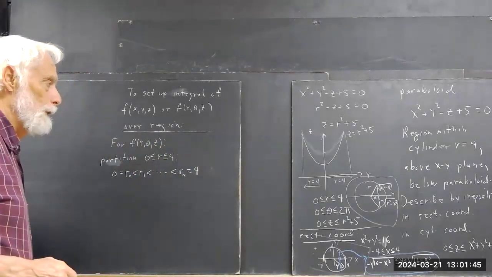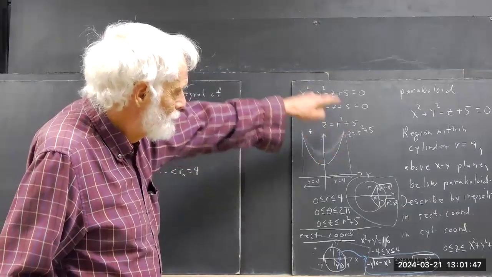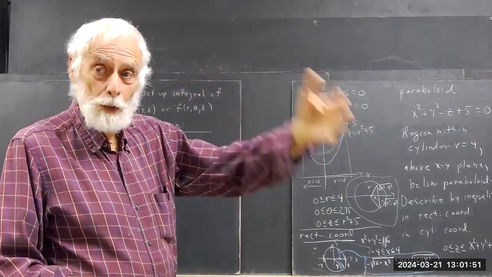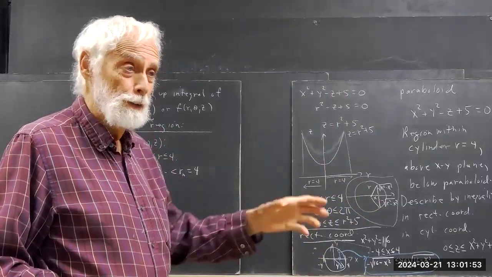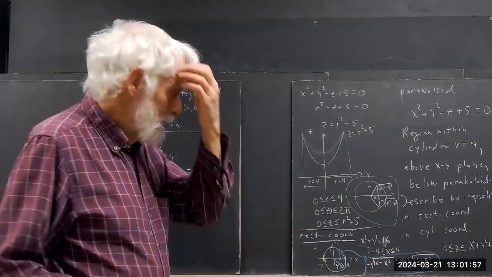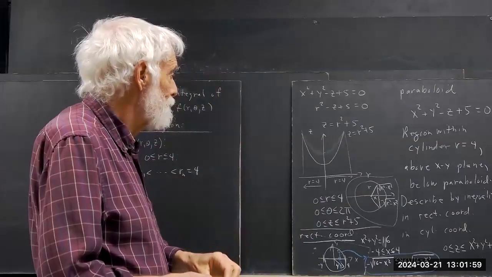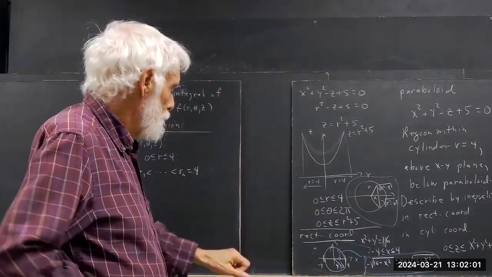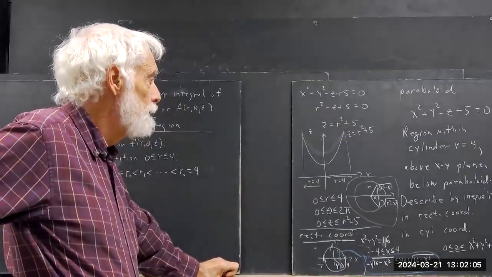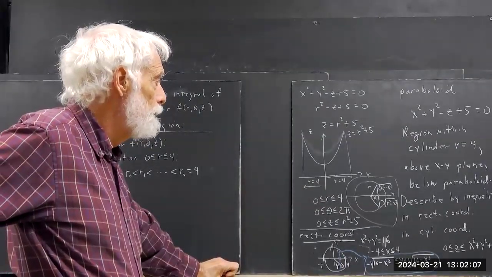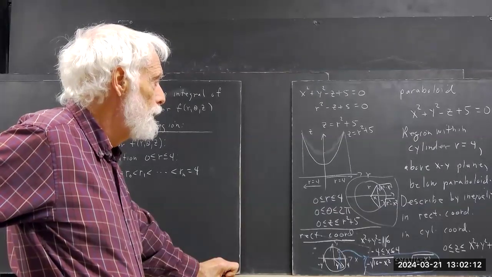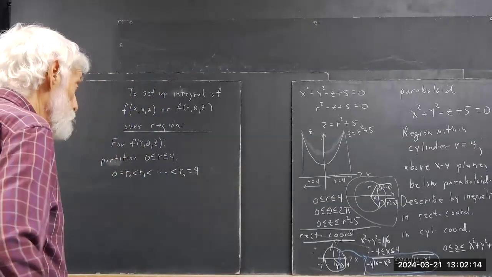I'd be happier if I made this an upside down paraboloid, so it'd have a kind of dome on top, because it'd be easier to draw. It's hard to draw a hole in it. I could change the function, but okay.